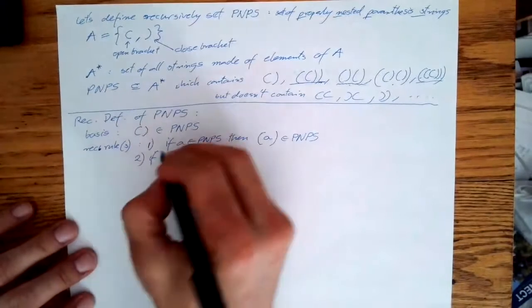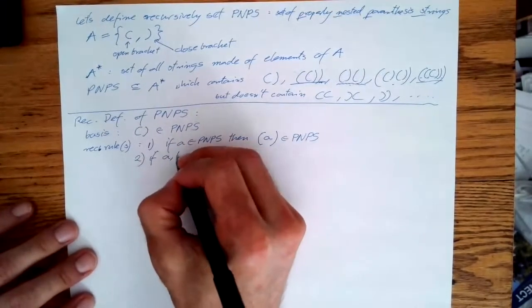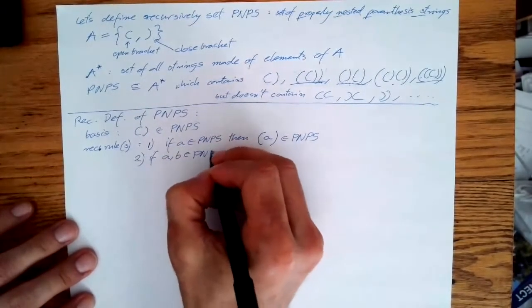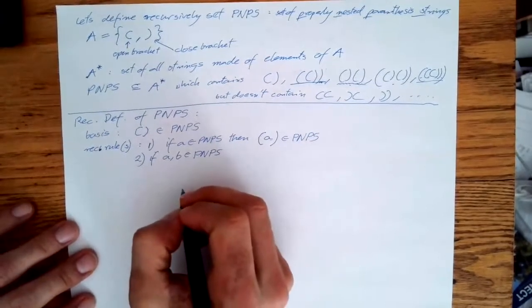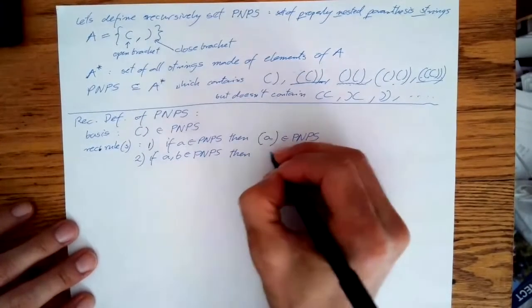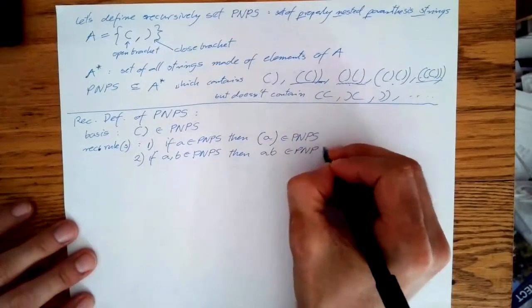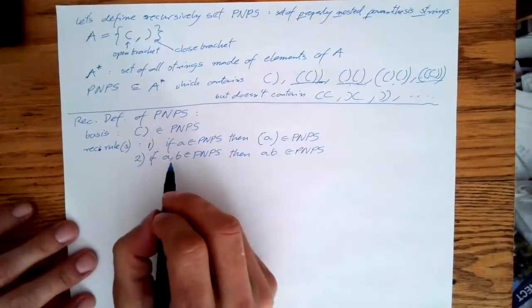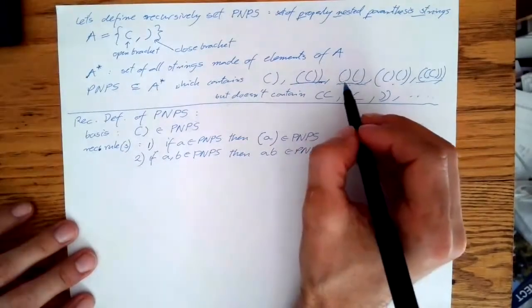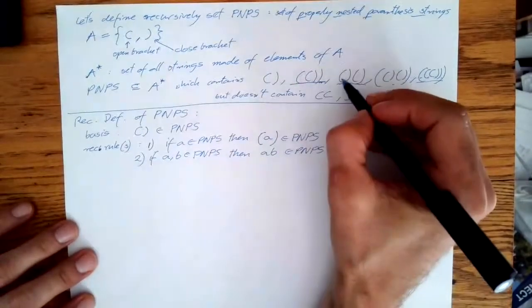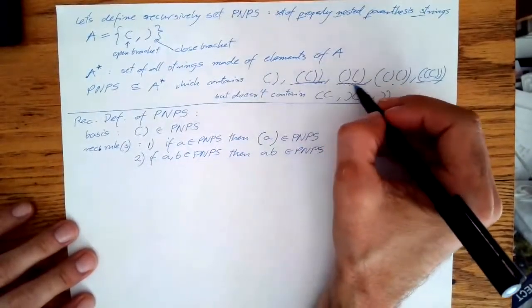So perhaps the rule could be this. If A and B are both P and PS strings, then so is their concatenation. Now, this rule looks good because it is capable of generating this string.